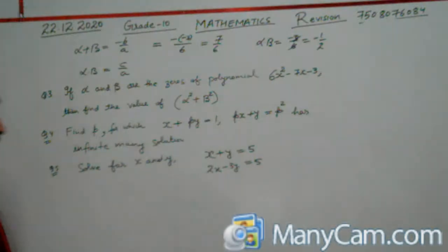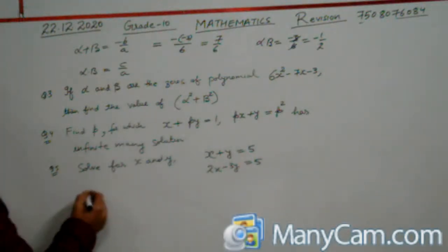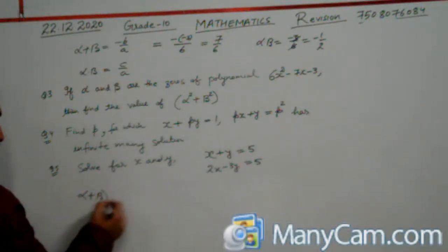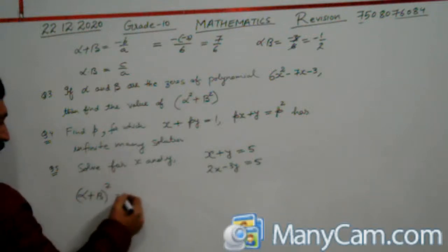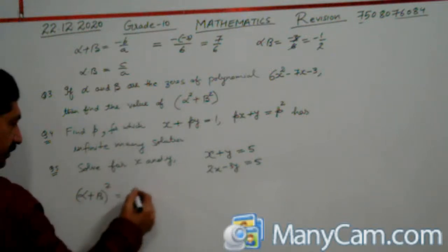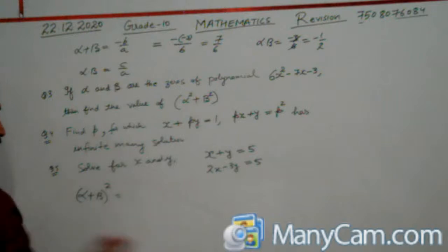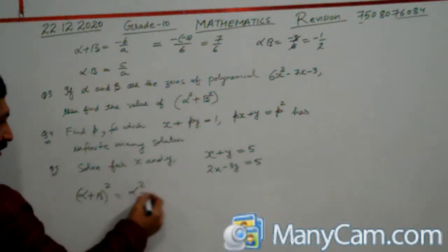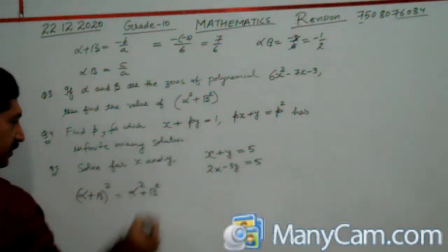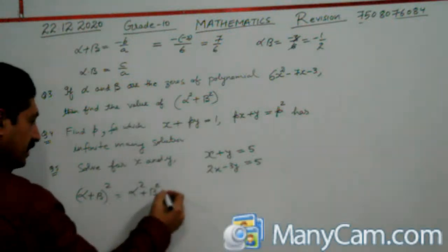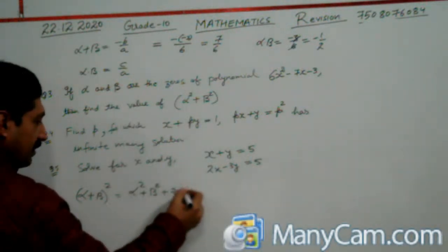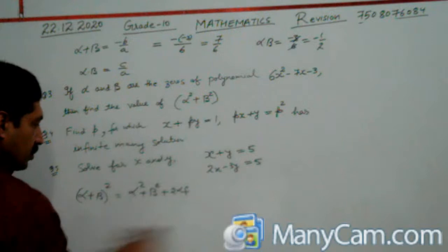Here we have the relation that alpha plus beta whole square is equal to alpha square plus beta square plus 2 alpha beta.